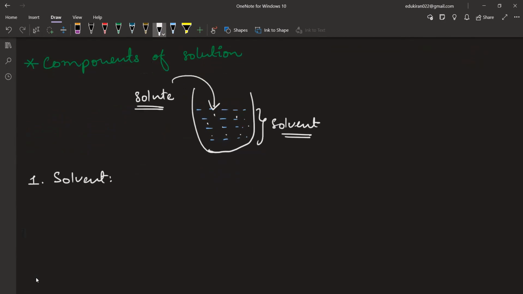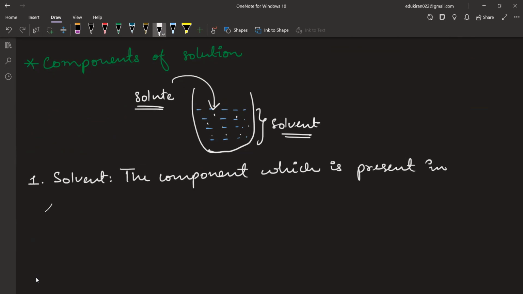Now what is a solvent? Solvent is the component which is present in larger amount. It is called solvent.